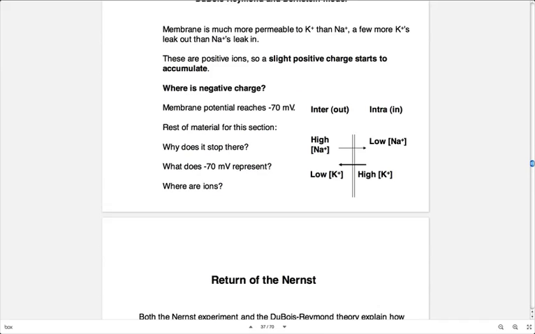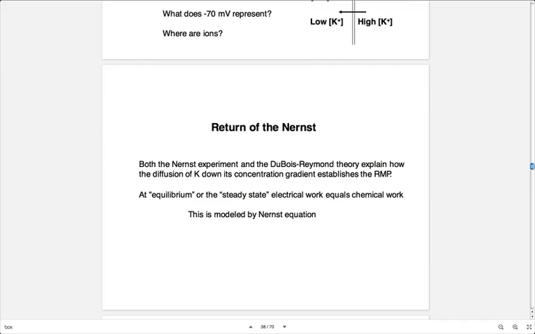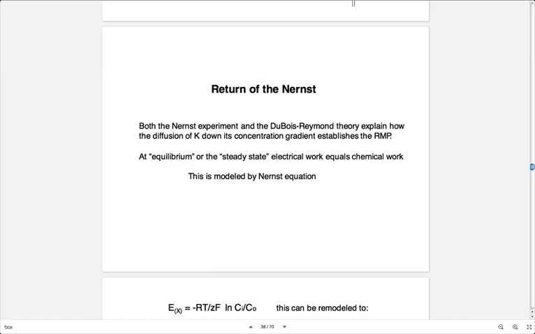And what we can do is use an equation that was developed to model this. This is called the Nernst equation. I mentioned this earlier. What the Nernst equation does is it describes what's happening at equilibrium, at a steady state. So you've developed this charge. Now what's that going to do to movement of potassium?